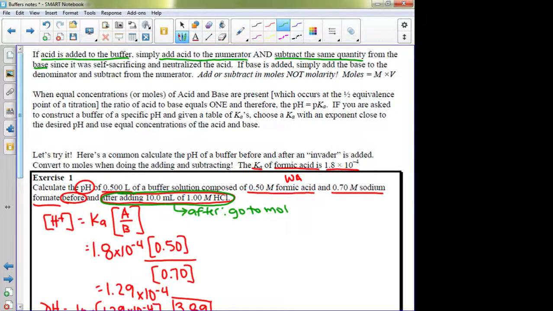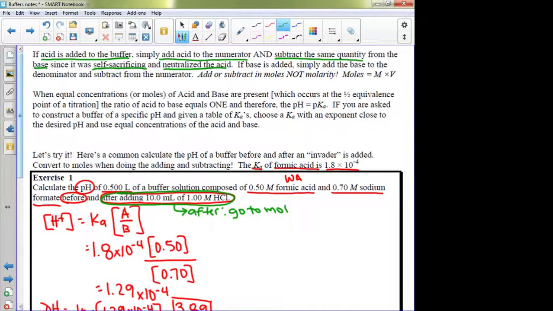Because if I added acid, it reacted with the base. The base was self-sacrificing, trying to neutralize the acid. So I added acid, and in the process, I took away base. Now, if I would have added base, I would have done the exact opposite. I would have added to the base and taken away from the acid. Do we understand that?